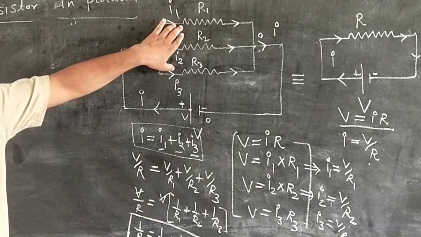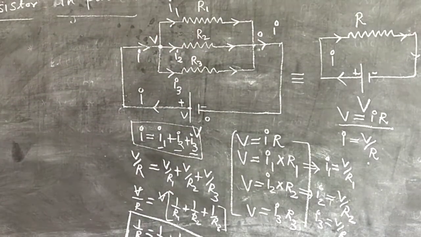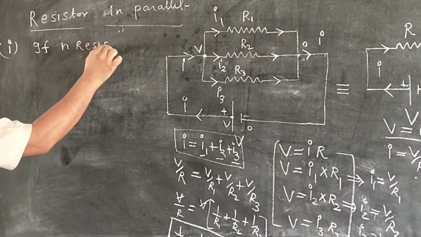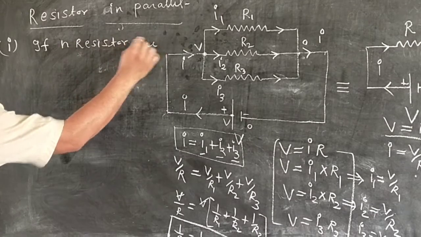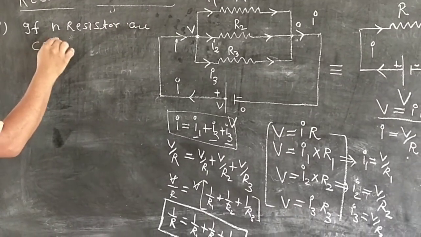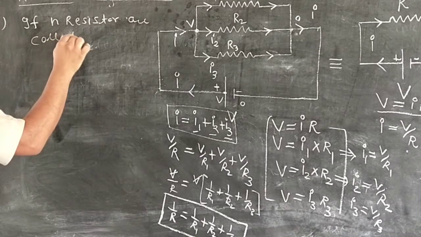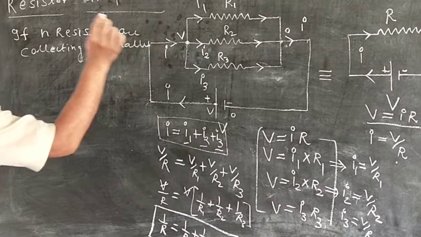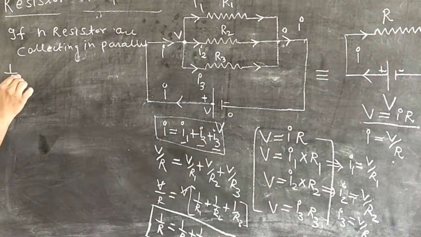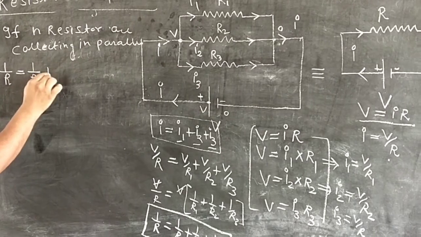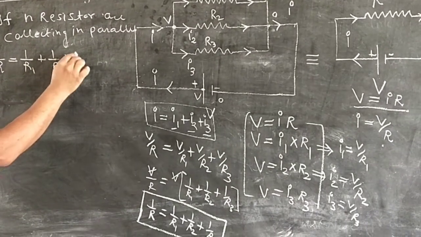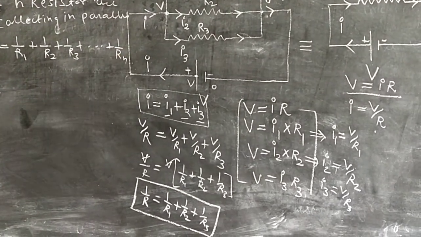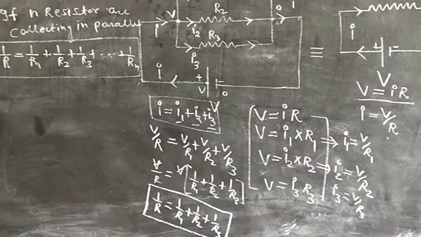If n resistors are connected in parallel, then the formula becomes 1 upon R is equal to 1 upon R1 plus 1 upon R2 plus 1 upon R3 and so on. This is the formula we have to remember first.